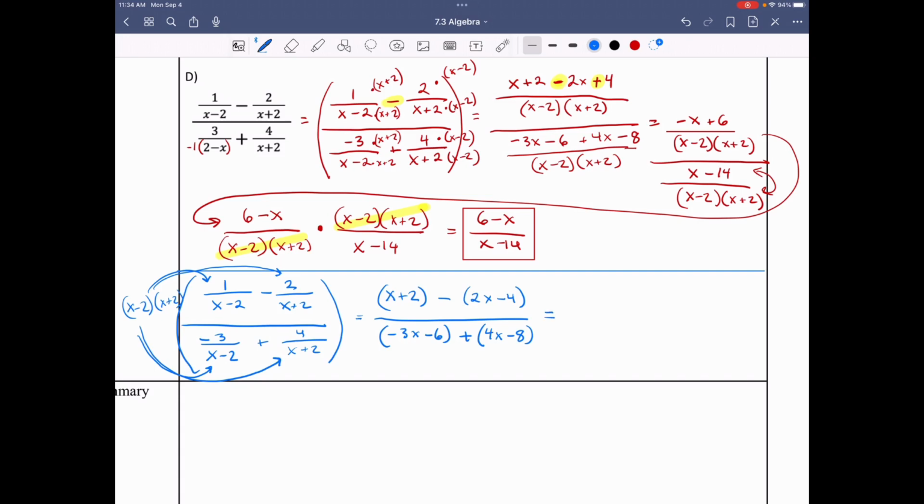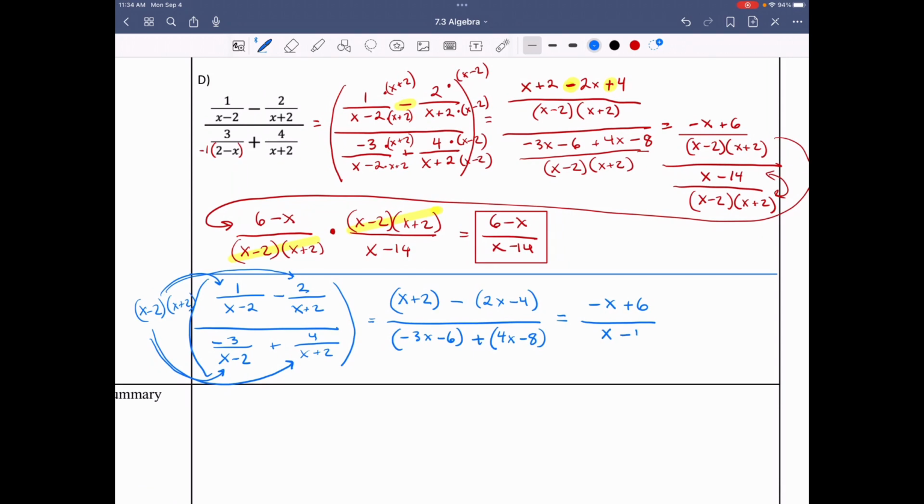So x minus 2x is negative x. 2 minus negative 4 is positive 6, over negative 3x plus 4x is x. Negative 6 plus negative 8 is negative 14. And again, you could write this as 6 minus x if you prefer. But we get the same answer.